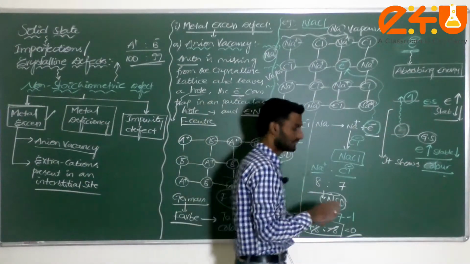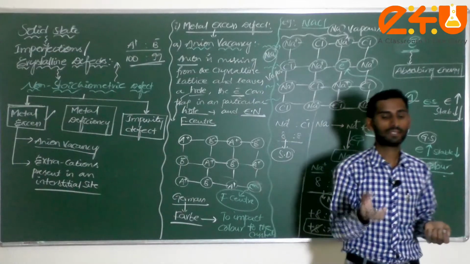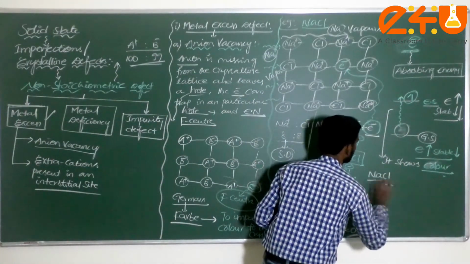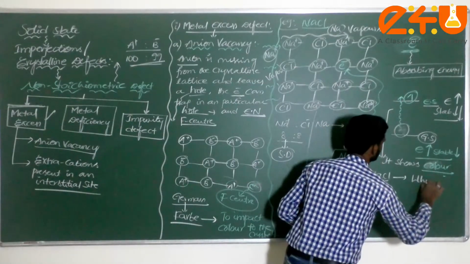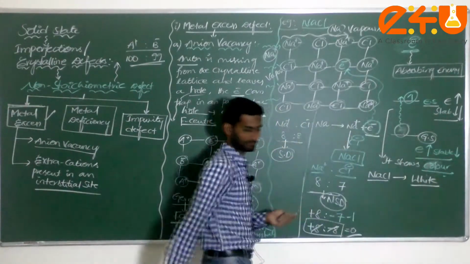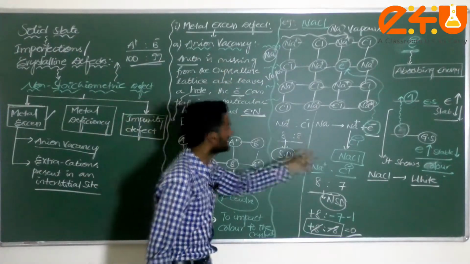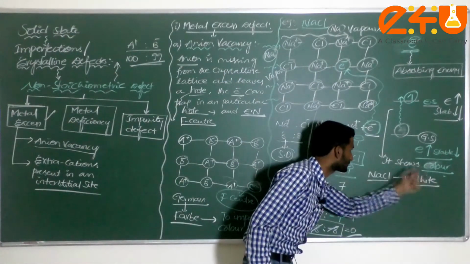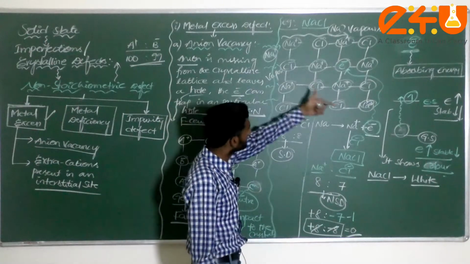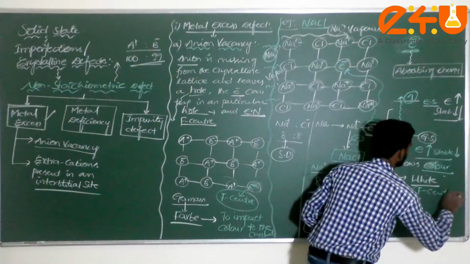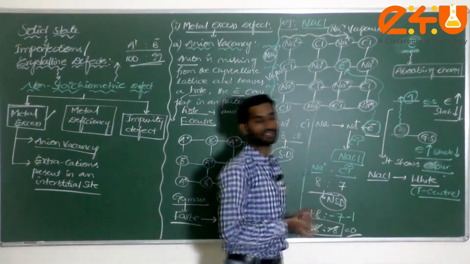Now before, whatever salt we are eating at our home, what is the color of that salt, dear student? NaCl. It is white or not? NaCl is white. Am I correct or not? Without this non-stoichiometric defect, the color of NaCl is, dear student, white. Then what is the reason? Due to the presence of this F center.